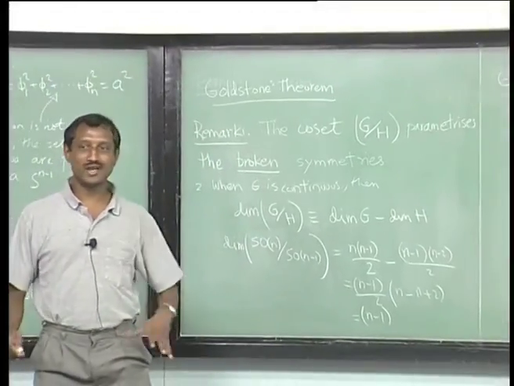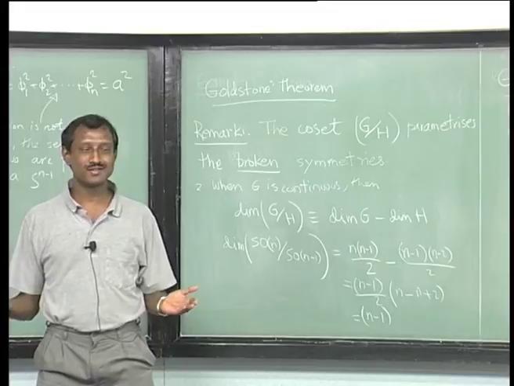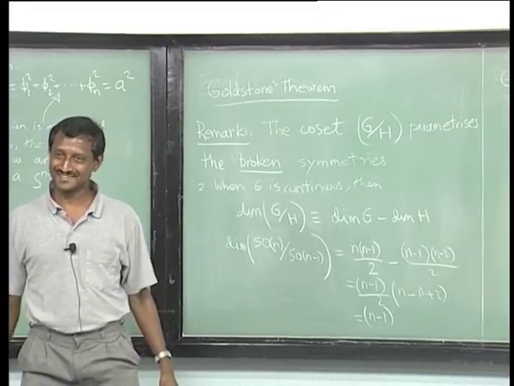In the sense of counting dimension of a discrete group, what would it be? 0. Just remember that.